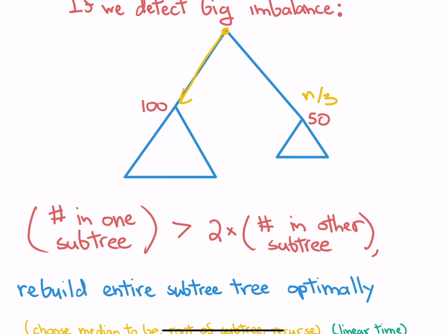So the log base 3/2 of n, because it's going down by a factor of 2/3 every time, is still log n. We are always removing a constant factor whenever I go down one level in the tree, so I get a log n.